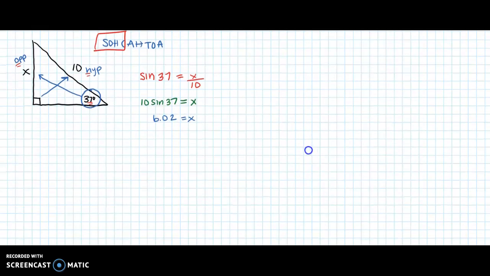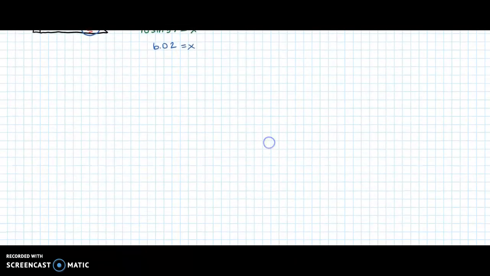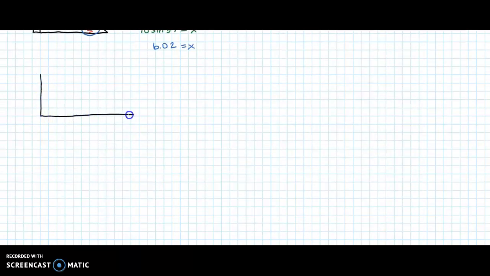All right, let's do another one. So we'll say this angle measures 63 degrees. I'll say that this side measures 5, and I want to know what this side measures.